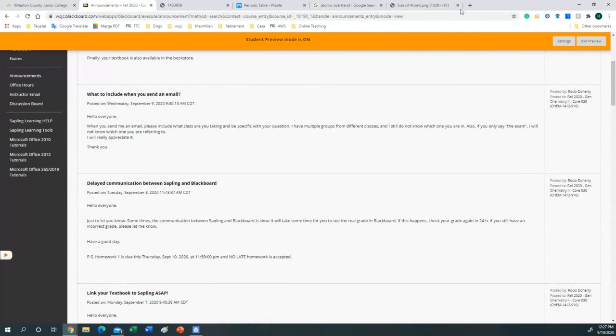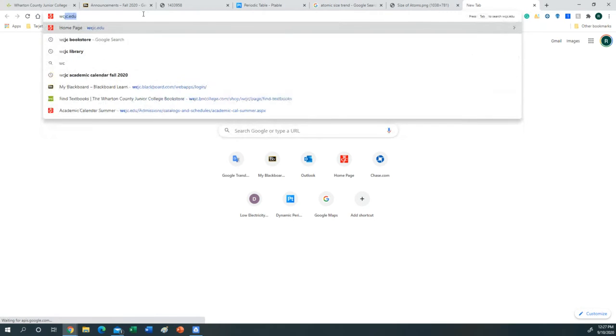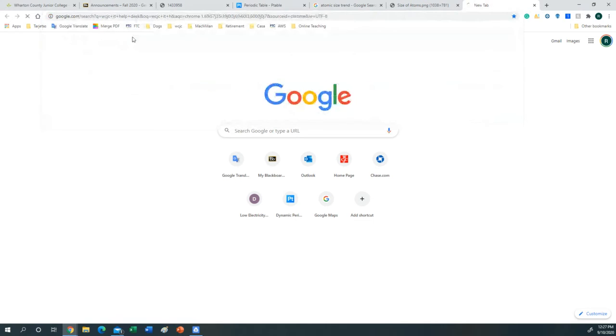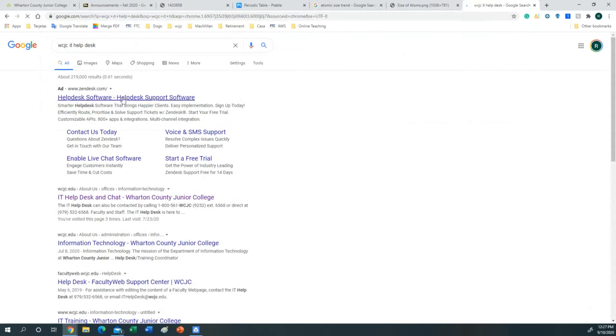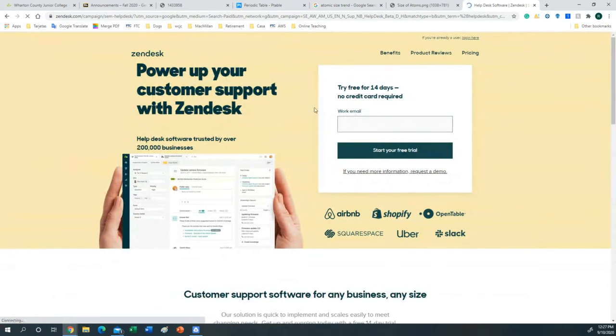Another way to do that, since this time I don't have that information there, is to just Google it, and the help desk is there. Contact us. What?